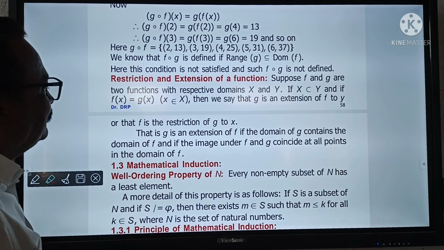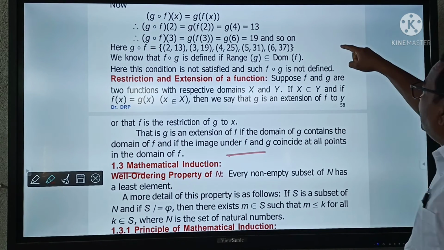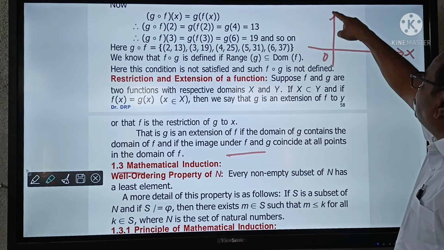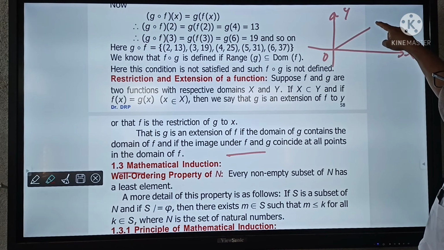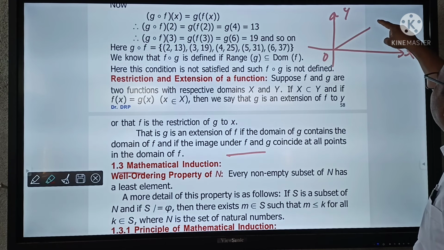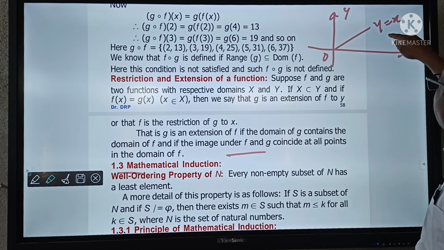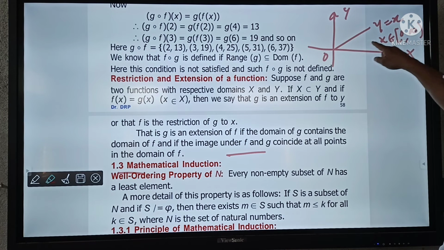So let it be in this way. This is the y and x axis. This is the graph, a straight line, and we know the equation of this is y equal to x, and here x belongs to the half-closed interval [0, infinity), which is the domain of this function y equal to x, or f(x) equal to x.